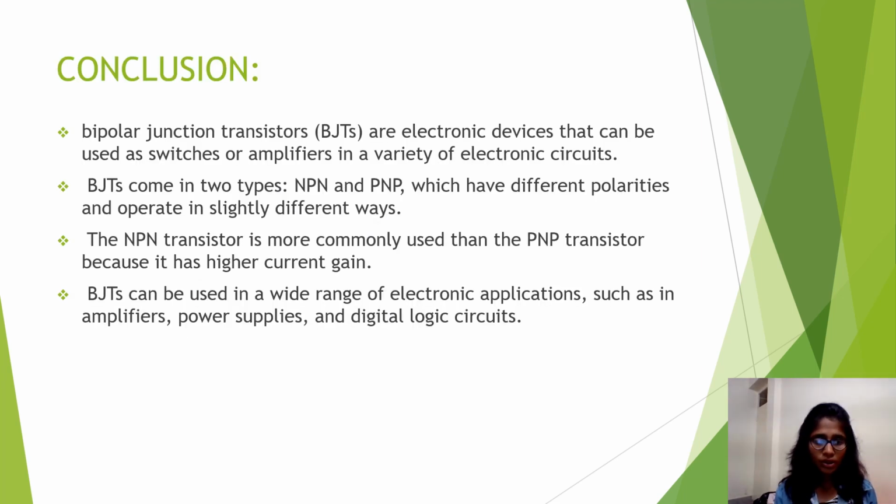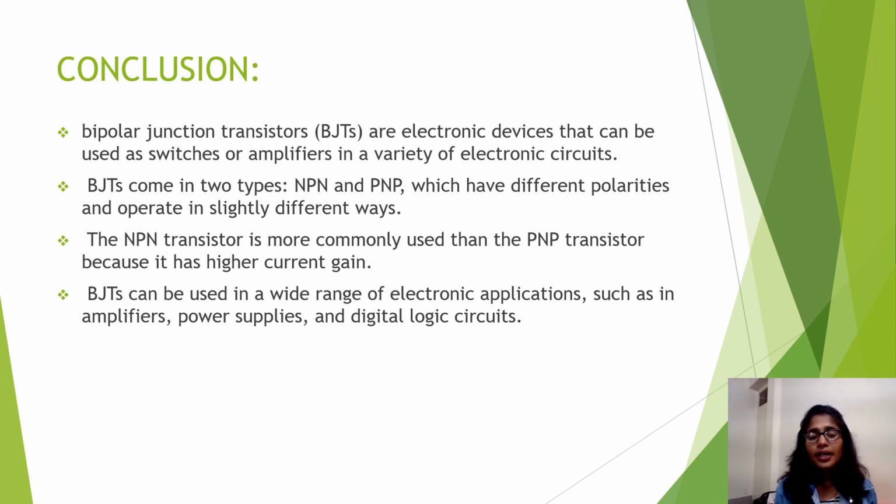So, the conclusion of this BJT operation: bipolar junction transistors are electronic devices that can be used as a switch or an amplifier in a variety of electronic circuits. BJT comes in two types, NPN and PNP, which have different polarities and operate in slightly different ways.